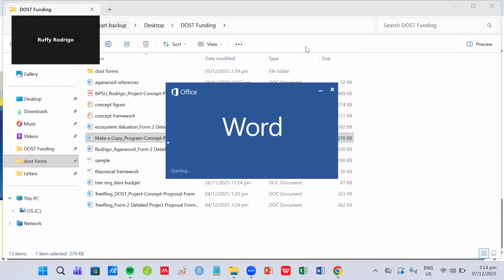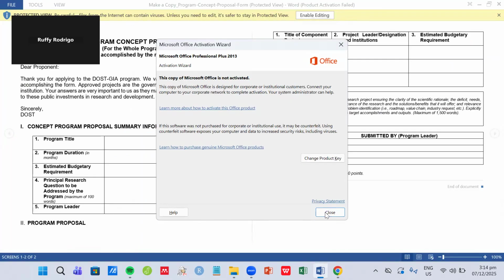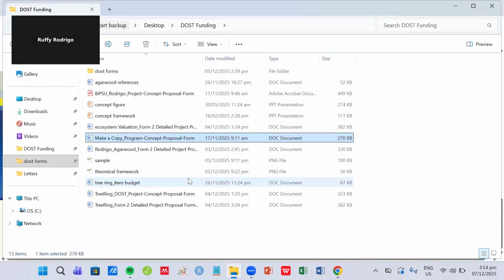So while waiting, maybe you can think of what is the best research. It would be really nice if your research is aligned to your research interest, and of course you can always collaborate with people who are also interested.